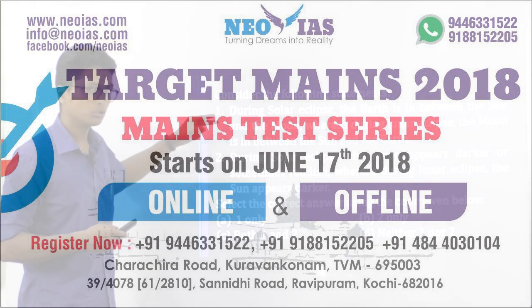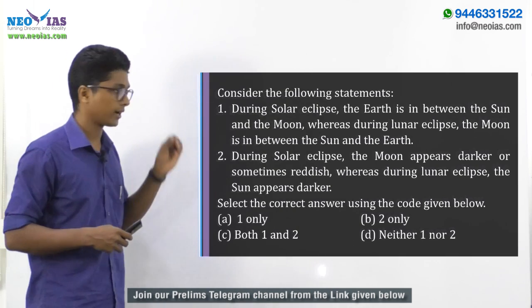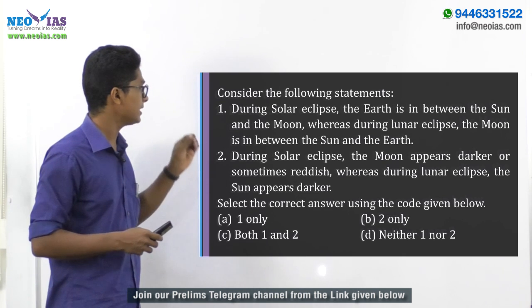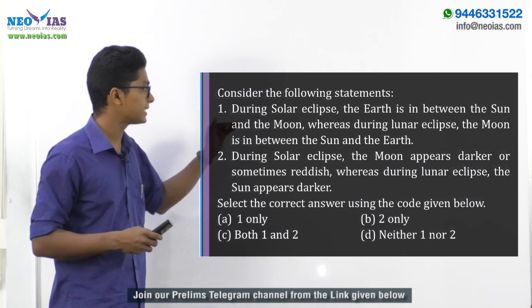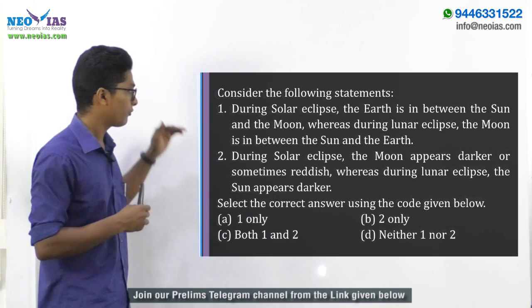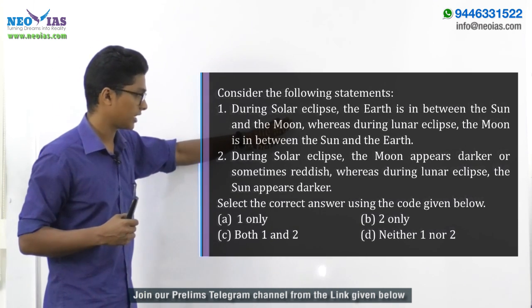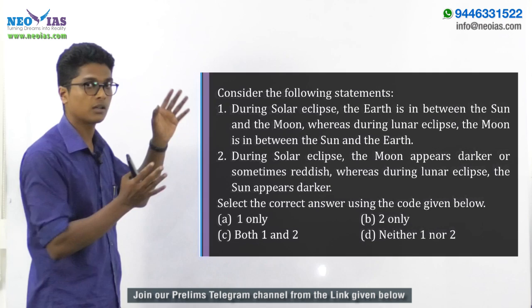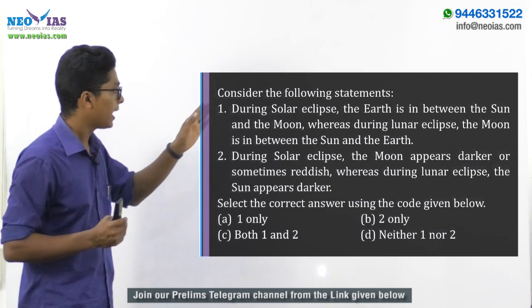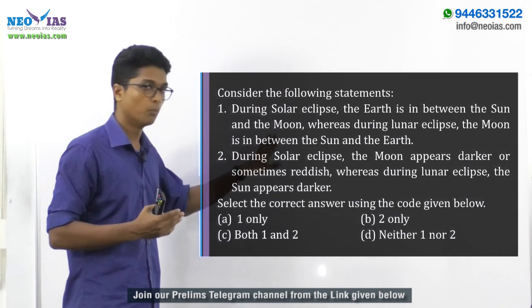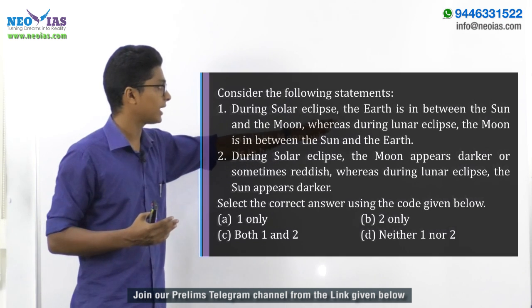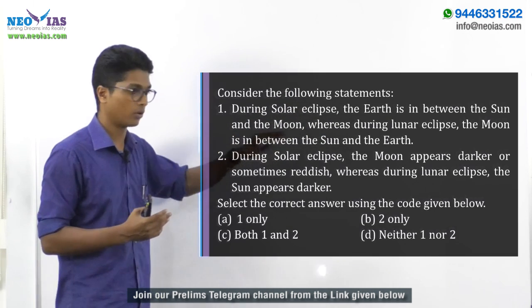It's a two-statement question. The first one: during solar eclipse, the earth is in between the sun and the moon, whereas during lunar eclipse, the moon is in between the sun and earth. During a solar eclipse, the sun appears blackish, and the light coming from the sun can only be blocked by the moon. So the statement that the earth is in between the sun and moon is wrong.